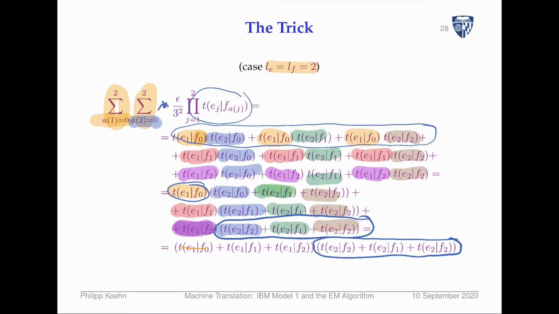So we have, again, this here, with the first term E given F0, a second here, E given F1, and then the third one here, where you have E given F2. So what we turned this into here is now a product of two sums.